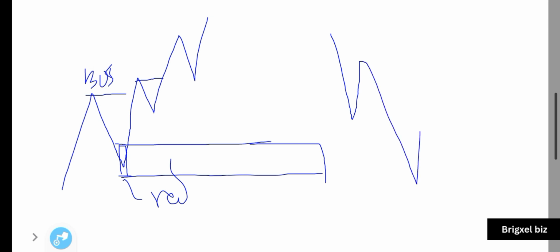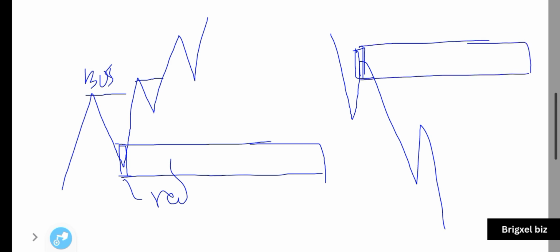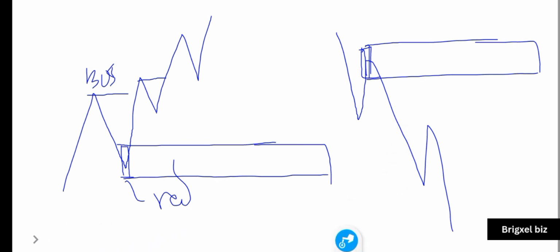So this level right here, the last green candle here, where this move to the downside originated, would be your bearish order block, ladies and gentlemen. So in a bearish scenario, we're looking at this green candle here.